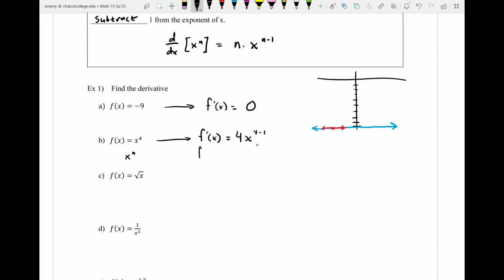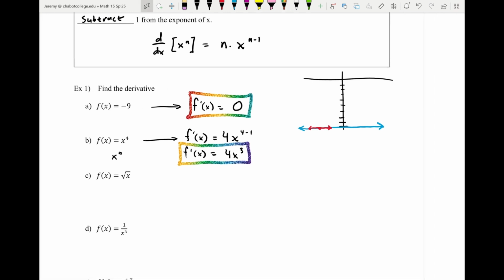So that means that f prime of x is going to be 4x to the 3rd. That was so fast.